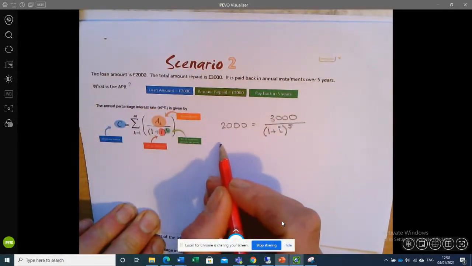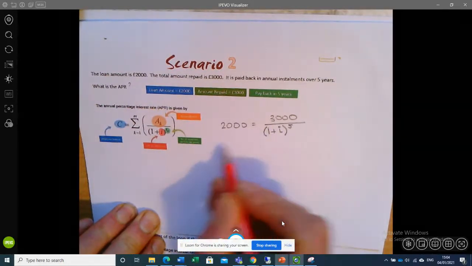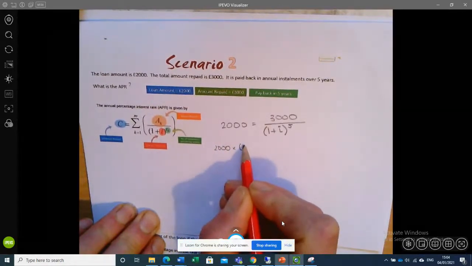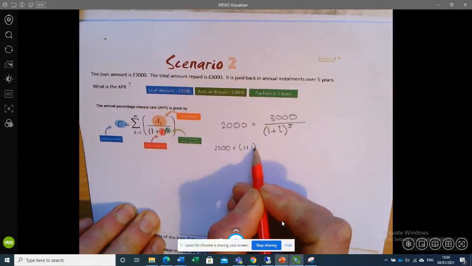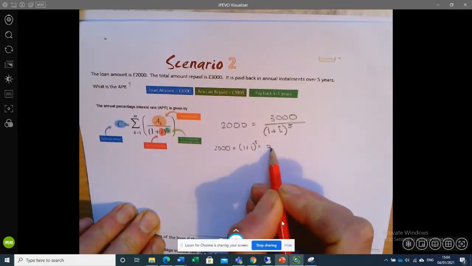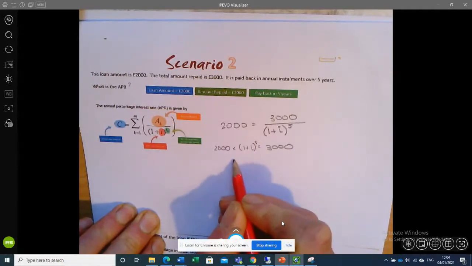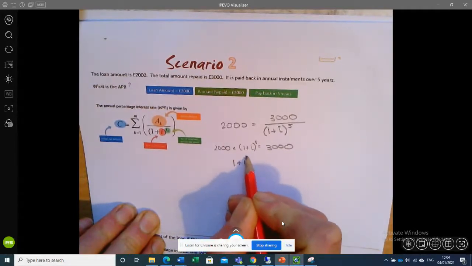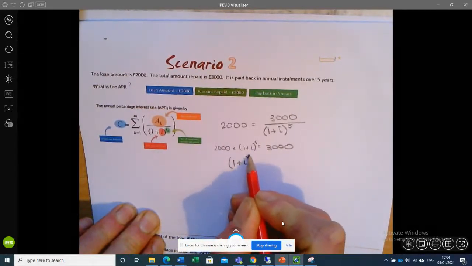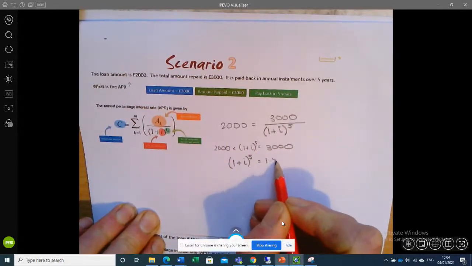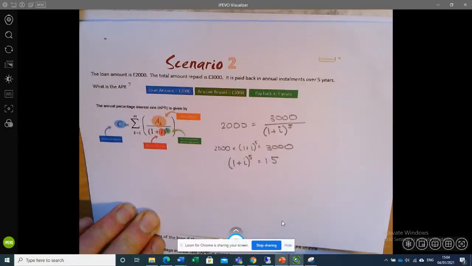Okay, we can manipulate this a little bit by multiplying through by this bracket. So 2,000 times 1 plus I to the power of 5 is equal to 3,000. I'm going to divide through by my 2,000. 3,000 divided by 2,000 is 1.5. You can obviously check that on a calculator.